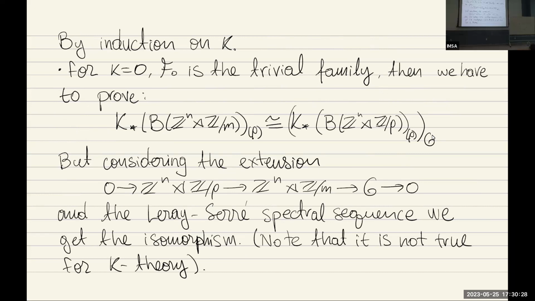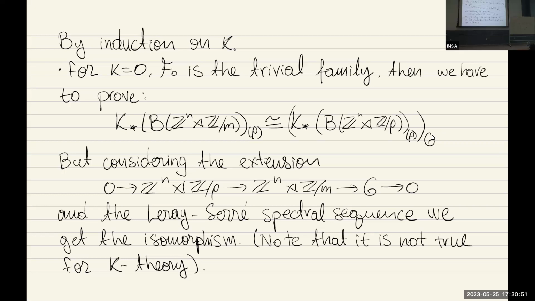Consider the extension and the Serre spectral sequence, and again we get an isomorphism. Note that if we apply this to K-theory, we have problems because we need to take a completion at some moment. But in K-homology, there are no such problems.